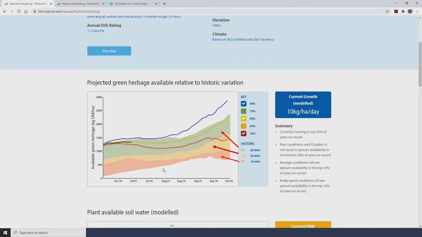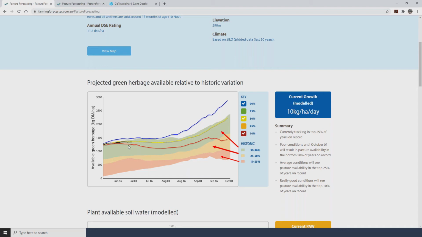So if we were to look at this example for Gunning and think through those questions, the summary would be that the current pasture position, the black line, is currently sitting at the top of the green zone, which is around the 90th percentile. This is purely a reflection of the exceptional start in this part of the region, in the Goulburn region, to the 2020 season.